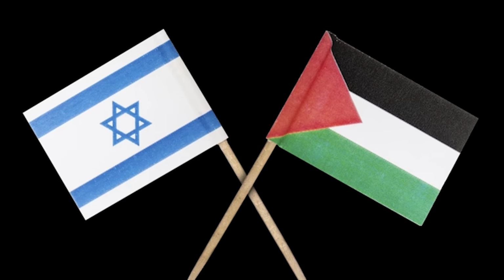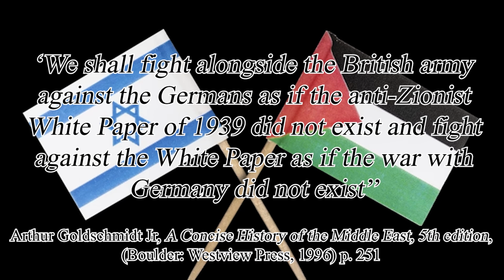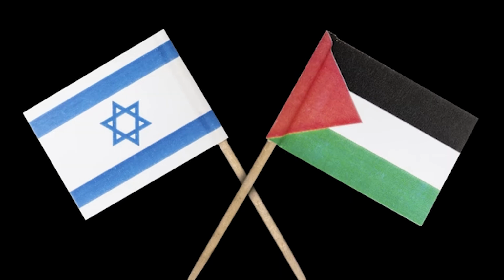As Zionist leader David Ben-Gurion stated, and I quote, "We shall fight alongside the British army against the Germans as if the anti-Zionist White Paper of 1939 did not exist." End quote.